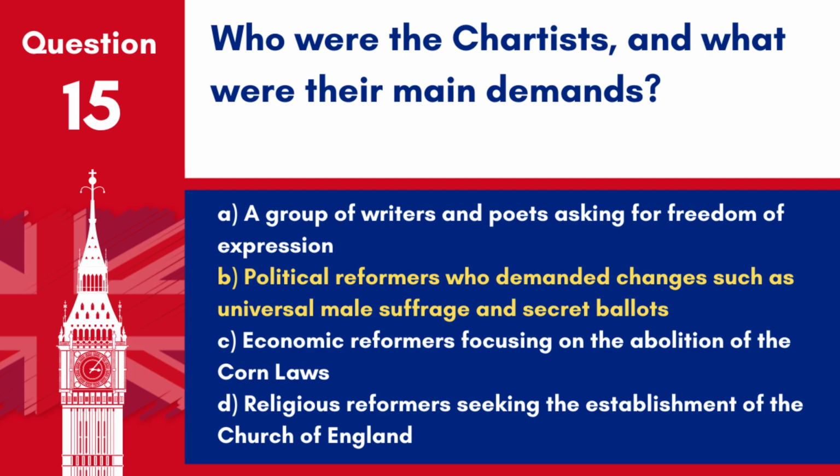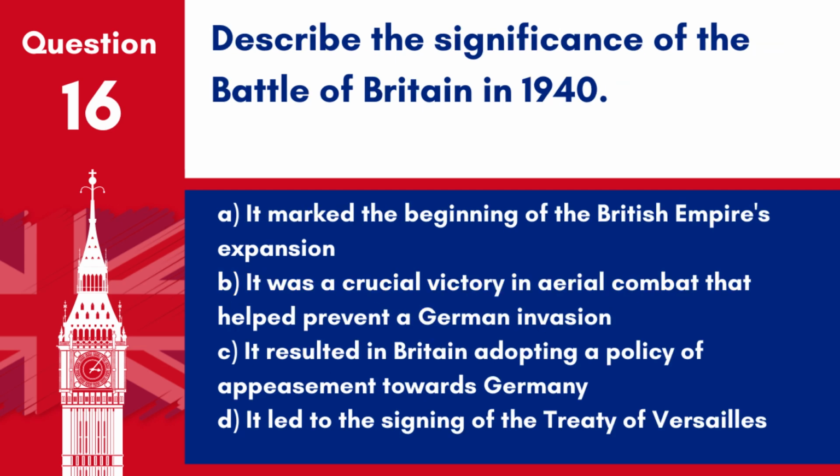The Chartists were a significant social movement in 19th century Britain, advocating for political reforms to make the political system more democratic, including demands for universal male suffrage and the use of secret ballots. Question 16. Describe the significance of the Battle of Britain in 1940. A. It marked the beginning of the British Empire's expansion.